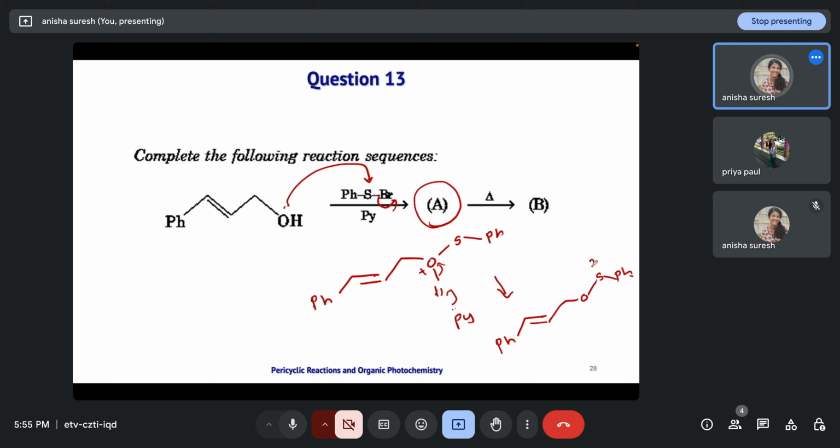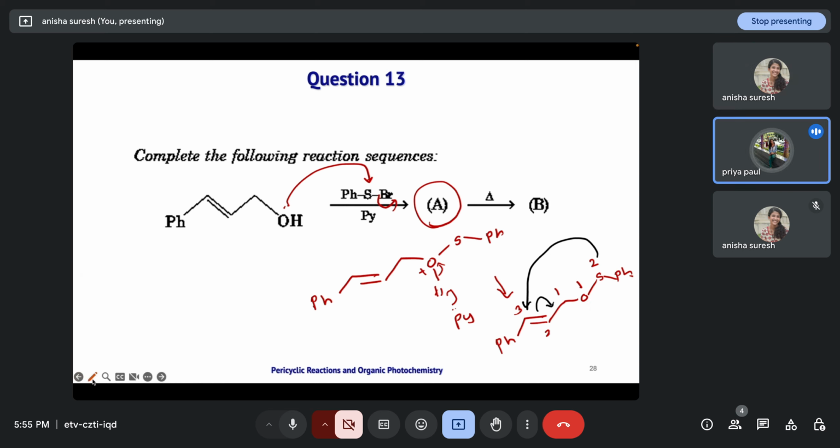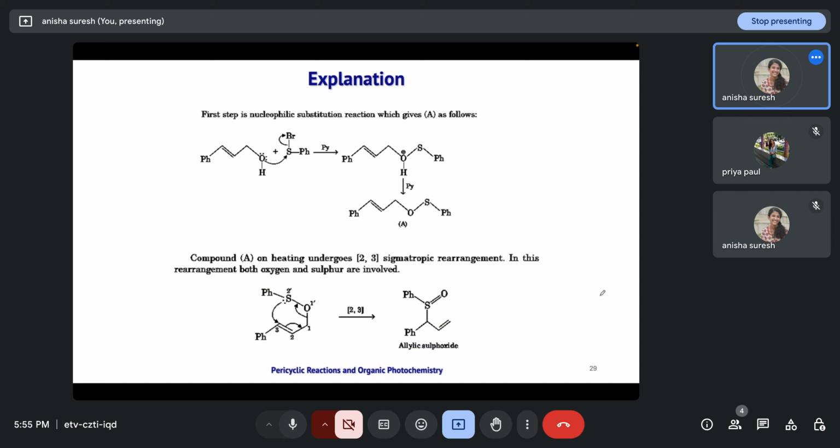We can label it like 1, 2, 1, 2, 3. So this will attack here, and a sulfoxide will be forming.